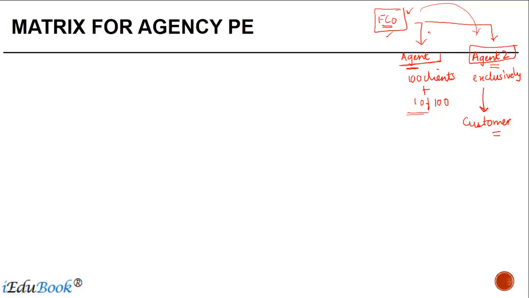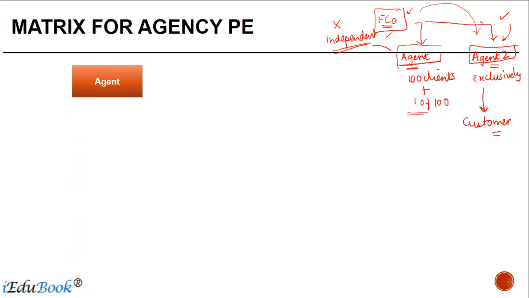Right? In this light, chances are that this agent is likely to be an independent agent, whereas agent 2 might be a dependent agent. Under international laws, an independent agent does not constitute a PE, whereas a dependent agent constitutes a PE of the foreign company.